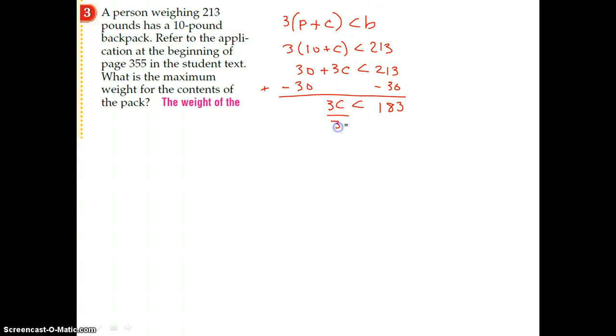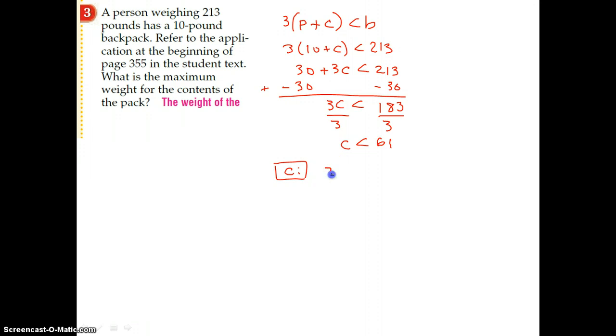We're going to divide by 3 on both sides, and C is going to be less than 61. So our answer is C is less than 61, and if we put that in a check, I'm going to go ahead and put 0 in.